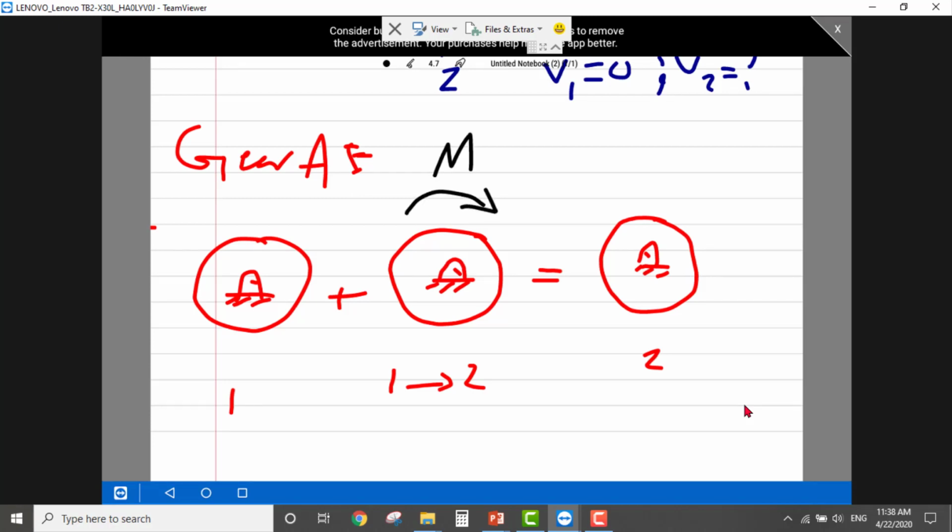We have reaction forces because the centroid of this gear is fixed. So here we have Ax, and here we have Ay, and of course we have weight downward.